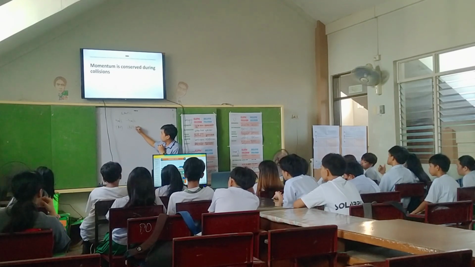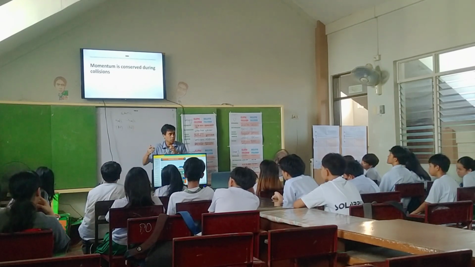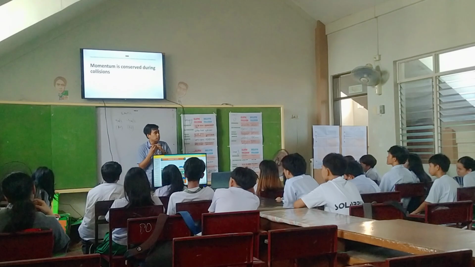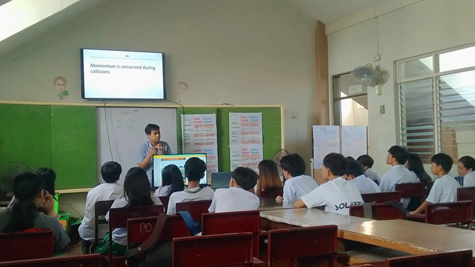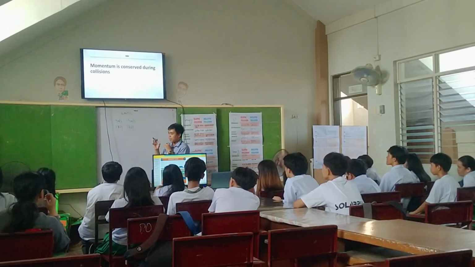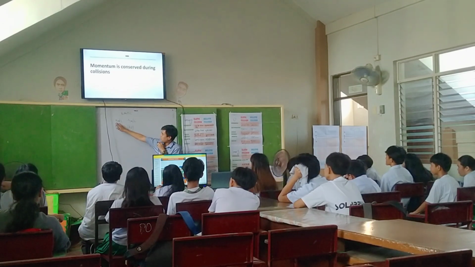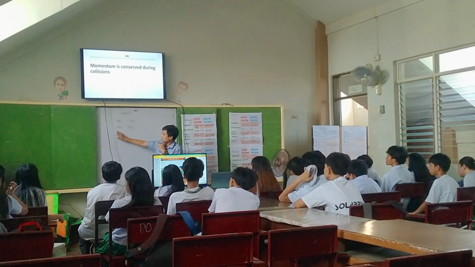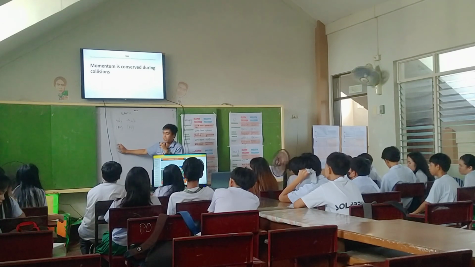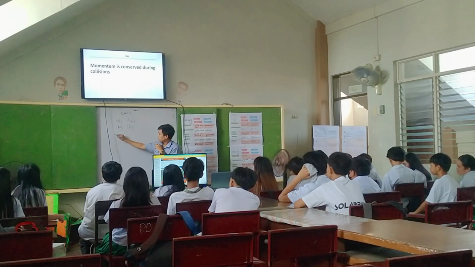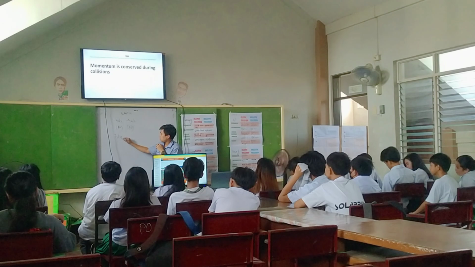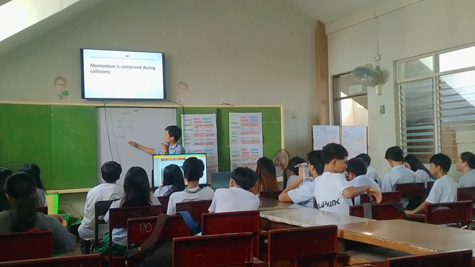1 kilogram. So in order to get the momentum, P is equal to mv, mass times velocity. Let us compute 5 meters per second multiplied by 1 kilogram. What's the answer? We have 5 kilogram meter per second.